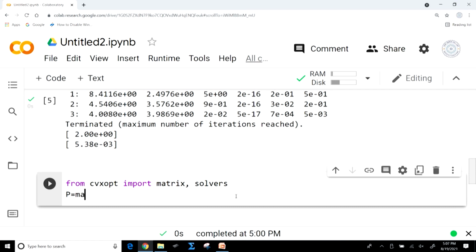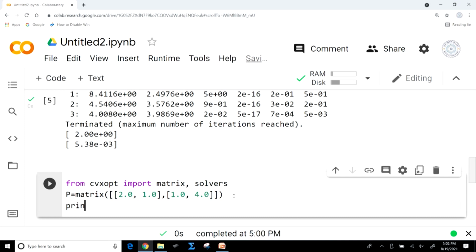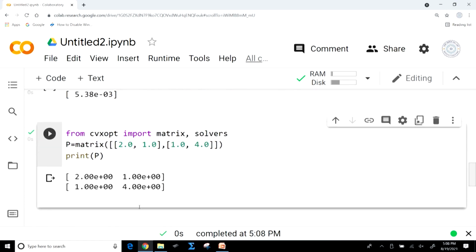Capital P is a matrix: 2.0, 1.0, then 1.0, 4.0. You can also check this matrix by simply printing P. Yes, it is 2 1 1 4, fine.